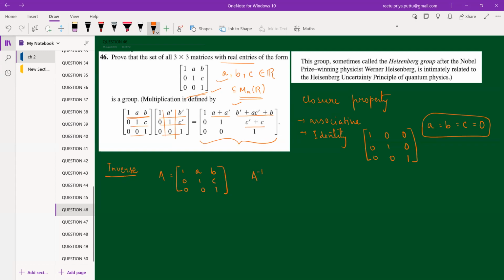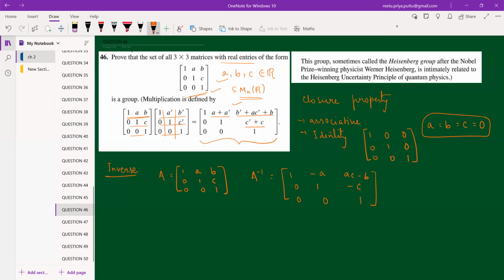Then in a similar way, as we find the inverse for any normal 3 cross 3 matrix, we will see that the inverse is of the form 1, minus a, then ac minus b, then 0, 1, minus c, and 0, 0, 1. The determinant will come out as 1 here also, so we need not divide by any number.